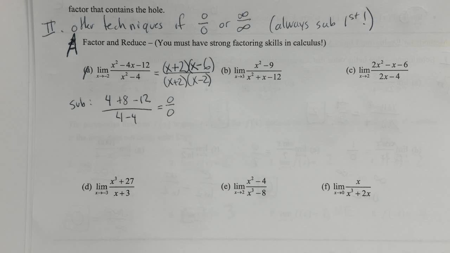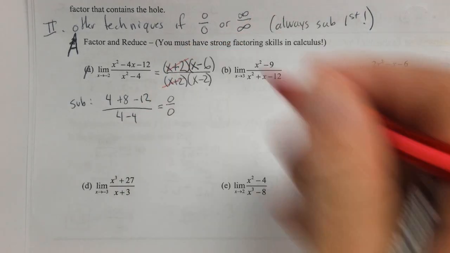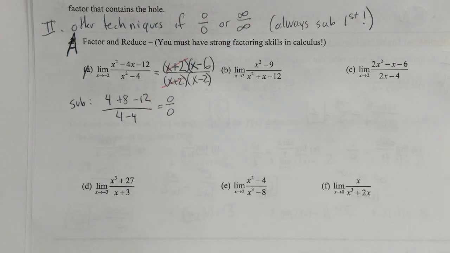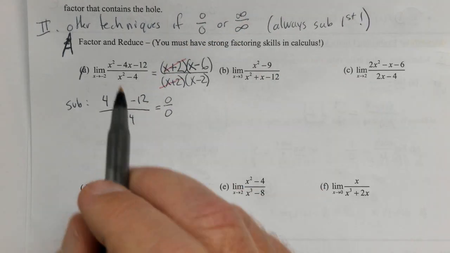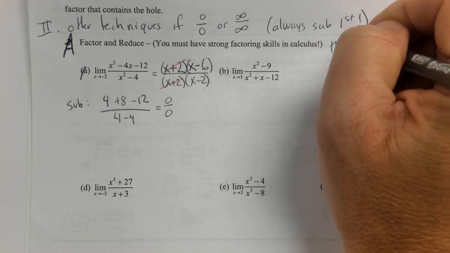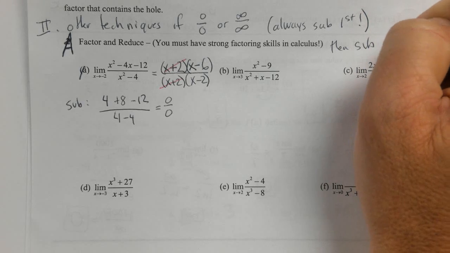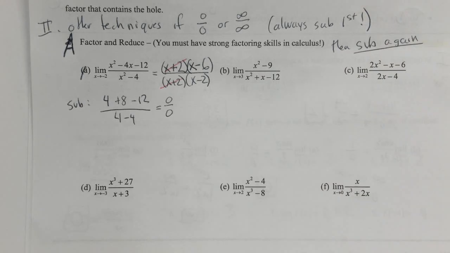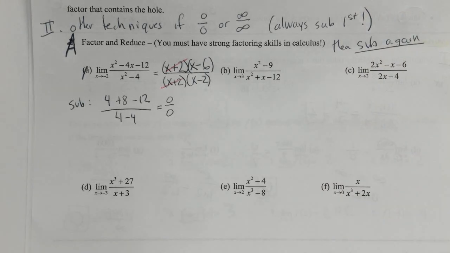And hopefully a little light bulb goes off in your head, because what can we do next? Cancel the x plus 2's. And so after you do the factor and reduce, then you substitute again. In fact, that's going to be true of all these methods.